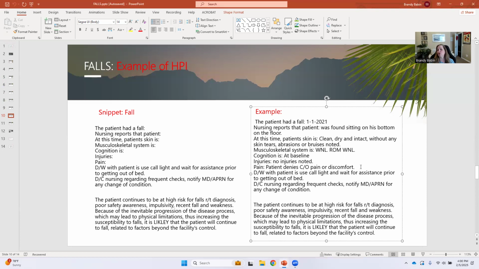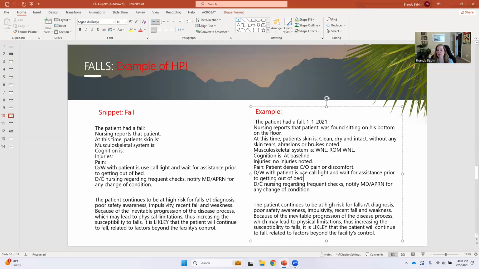If you've got a patient whose normal pain is 8 out of 10, or 6 out of 10, whatever they tell you it is, and they're on around the clock pain medication, you're obviously not going to say denies no complaints of pain. They've got some, they're always going to have some, but you could write patient denies new complaints of pain or any increased pain related to fall.